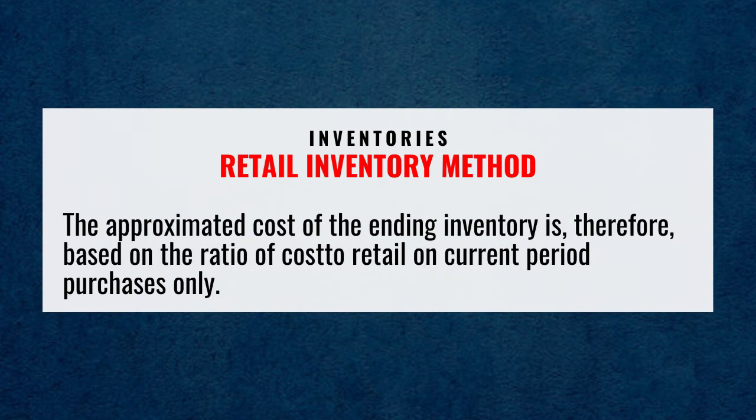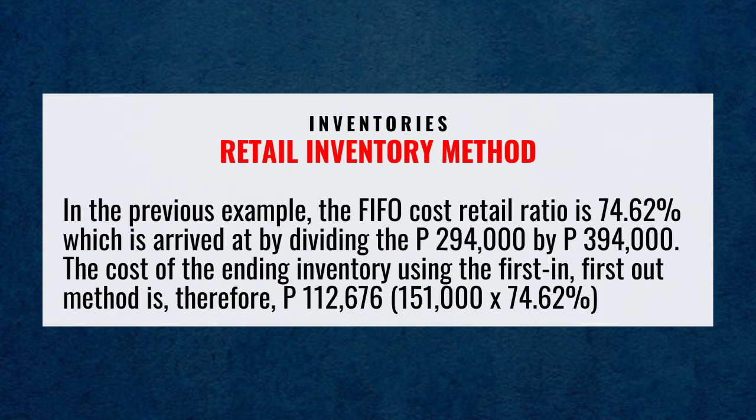The approximated cost of the ending inventory is therefore based on the ratio of cost to retail on current period purchases only. In the previous example, the FIFO cost retail ratio is 74.62%, which is arrived at by dividing the 294,000 pesos by 394,000 pesos.